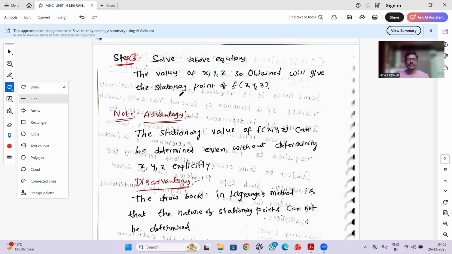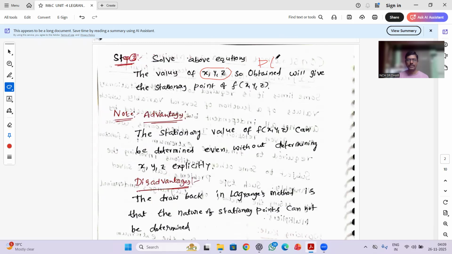So solving the above equations, we will get the values x, y, z. This point x, y, z is nothing but a point P of x comma y comma z. Say for example, on solving these three equations we get 1 comma 2 comma 3.